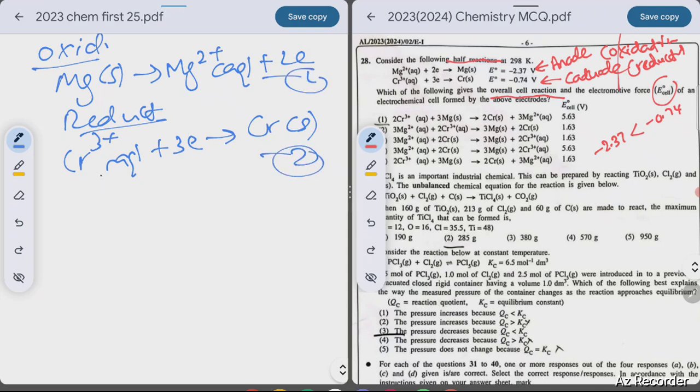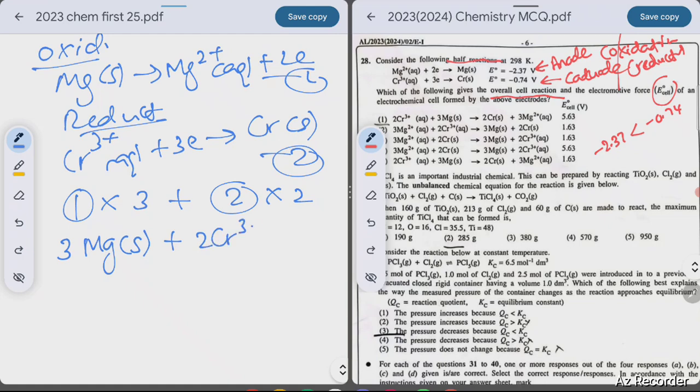In order to balance this, I have to multiply the first with 3 and the second with 2. Then I am getting 3 Mg solid plus 2 Cr3+ giving 3 Mg2+ aqueous plus 2 Cr solid. So this is the overall cell reaction.